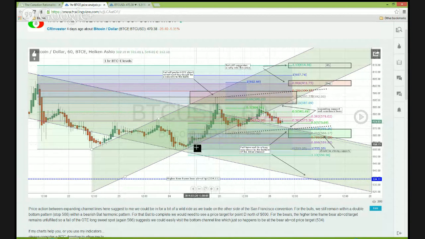I had postulated that this entire formation was a bat formation, and if you look up harmonics, bats usually resolve up to the 88.6 or the 1.13, but those are fairly aggressive targets. Long and short of it is, if you had bought in here, you should have at least been thinking about locking in some profits on the OTE short sweet spot tag, if not actually going outright bearish.